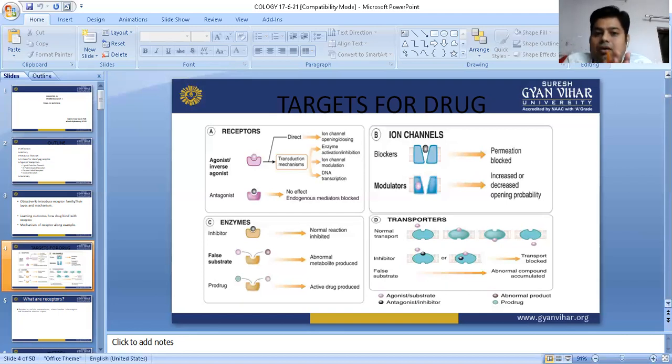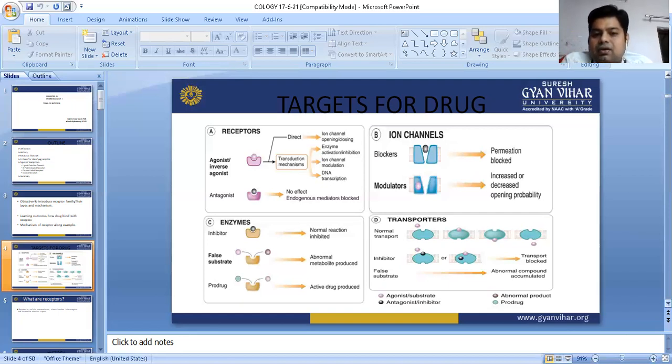Next thing, what would happen in the case of ion channels? In ion channels, they may be blocked, and when we give the medicine, it will bind to a particular site of the receptors and modulate it. Because of the modulation in the receptor, the receptor is going to open and the process of exchange of ions will continue. And the next case is enzymes. In the case of enzymes, when the drug is going to bind with the receptors, normal reactions are inhibited, the reaction will be stopped.